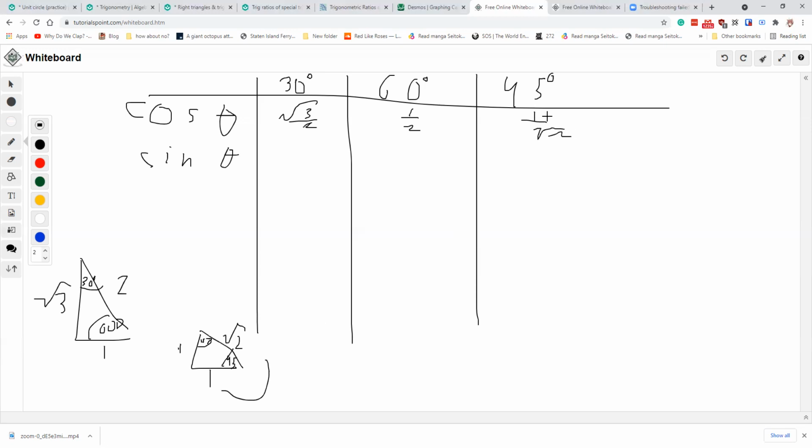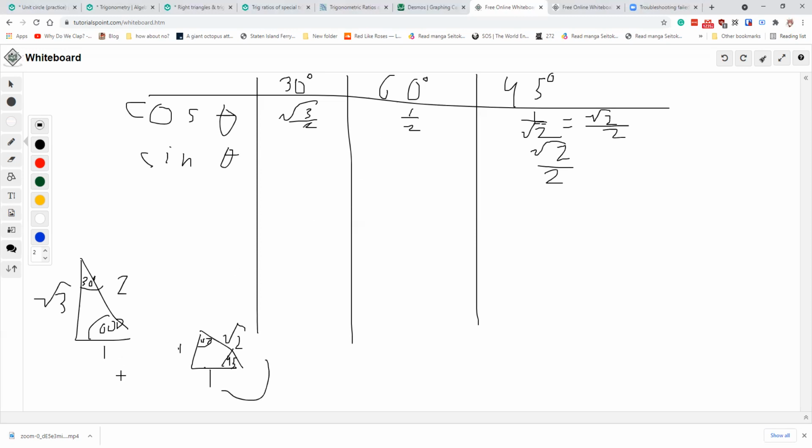And again, teachers will come after you if you do not rationalize the denominator. And so let's do that. Let's say that's equal to root 2 over 2 times 1 over root 2, which is equal to root 2 over 2. Now, in this case, the adjacent and the opposite are actually equal. And so the sine of 45 degrees is also equal to root 2 over 2.